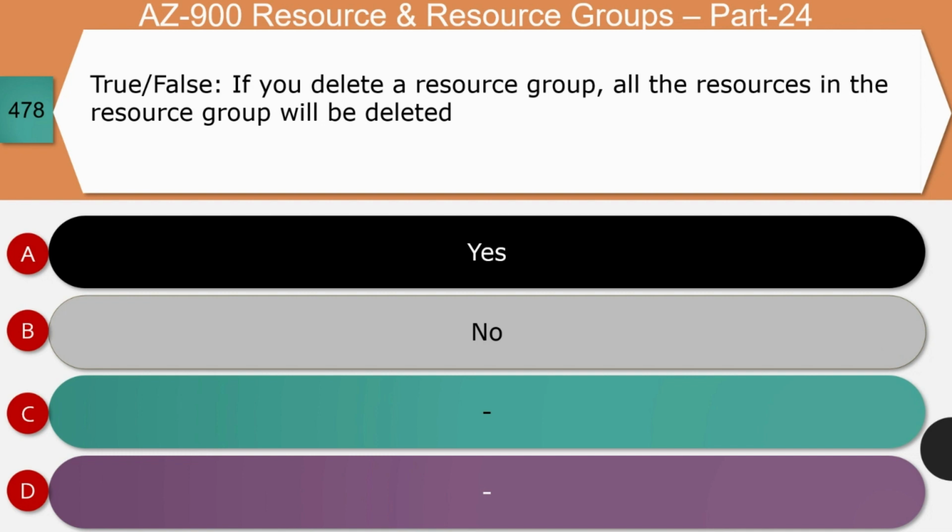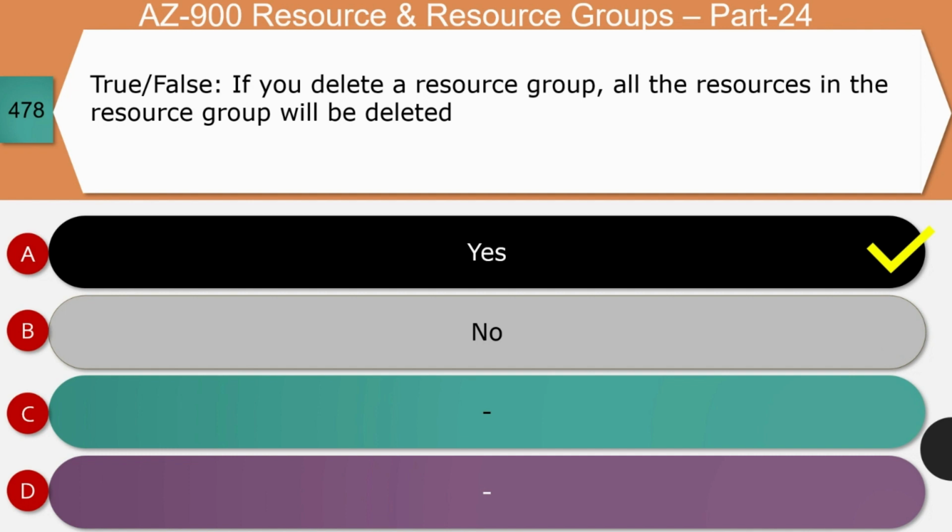Next question. If you delete a resource group, all the resources in the resource group will be deleted. Is it yes or no? The right answer for this question is yes. Let's see the reason. Deleting the resource group will remove all the resources inside that resource group. This can be useful for the management of the resources.